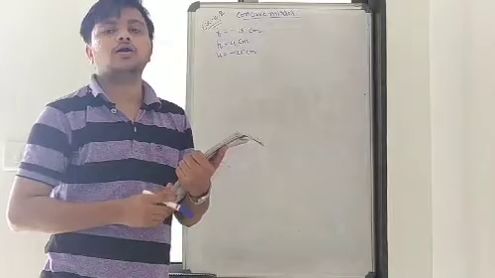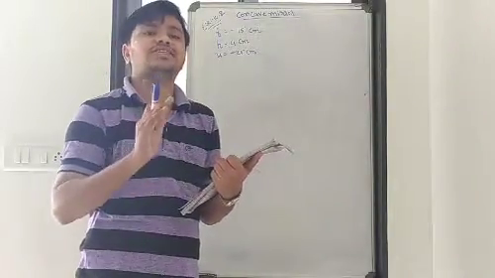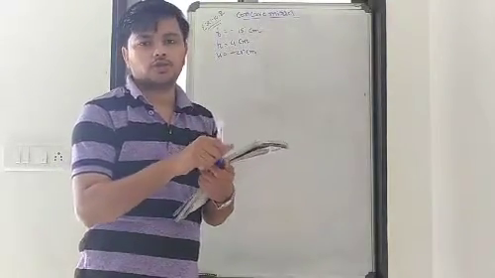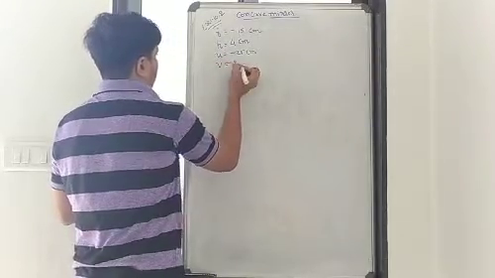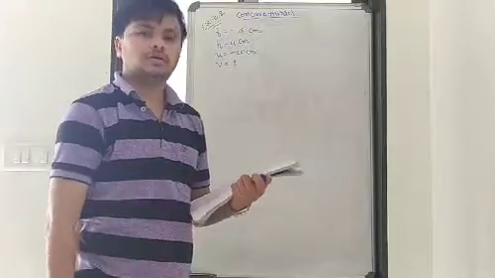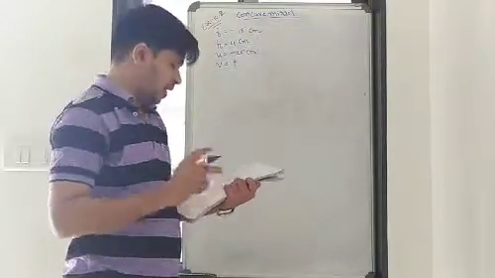Where should you put a screen? If you want an image, then you have to put a screen at that point where the image is actually formed. So you have to find out the position of the image. If you put a screen at the position of the image, you get a sharp image on it, right?